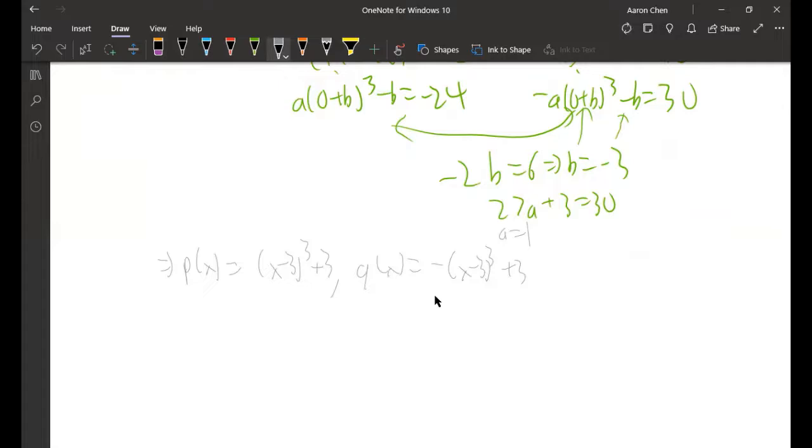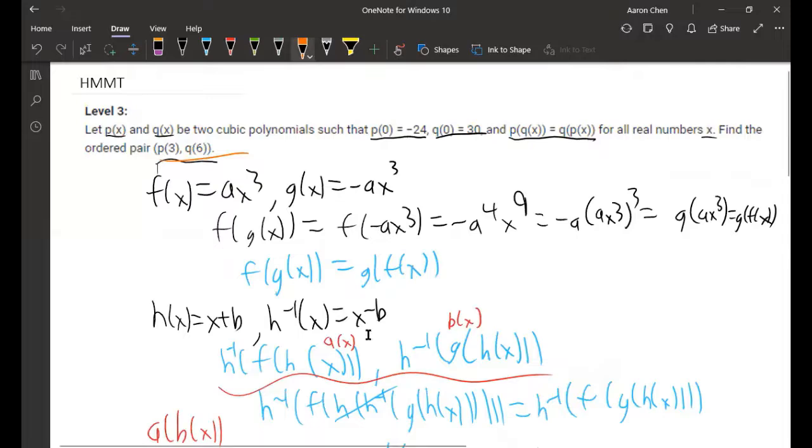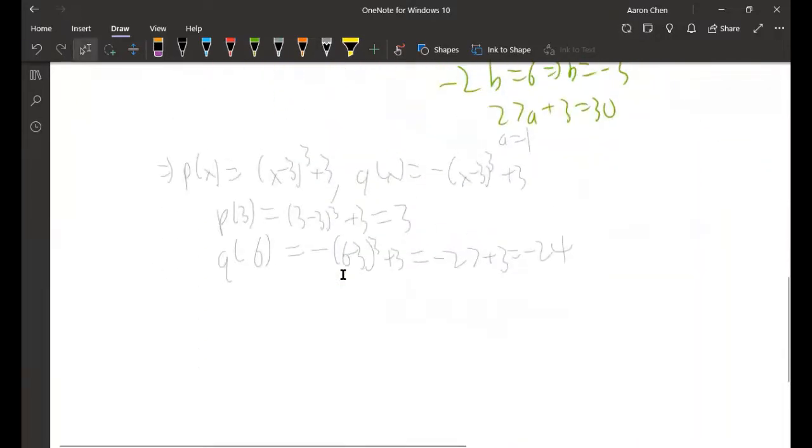And so that means that p of 3 is equal to (3 minus 3) cubed plus 3, or 3, and q of 6 is equal to negative (6 minus 3) cubed plus 3. And so this is negative 27 plus 3, or negative 24. And so what we wanted was the ordered pair p of 3, q of 6. And so the answer that we want is just 3 comma negative 24.